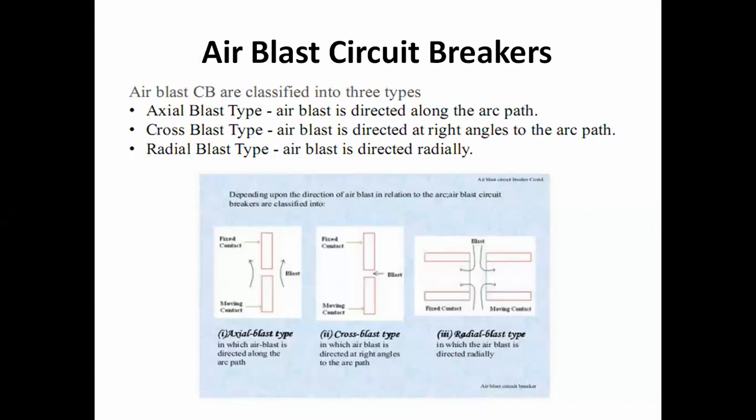Here we discussed the axial blast and the cross blast, but the radial blast is basically a combination of axial blast as well as cross blast, so we are not discussing it particularly. In the radial blast type, we provide high pressure air in the same direction as the arc, and in addition also in the perpendicular direction. If you combine the axial blast type and the cross blast type, the circuit breaker obtained is called the radial blast type.